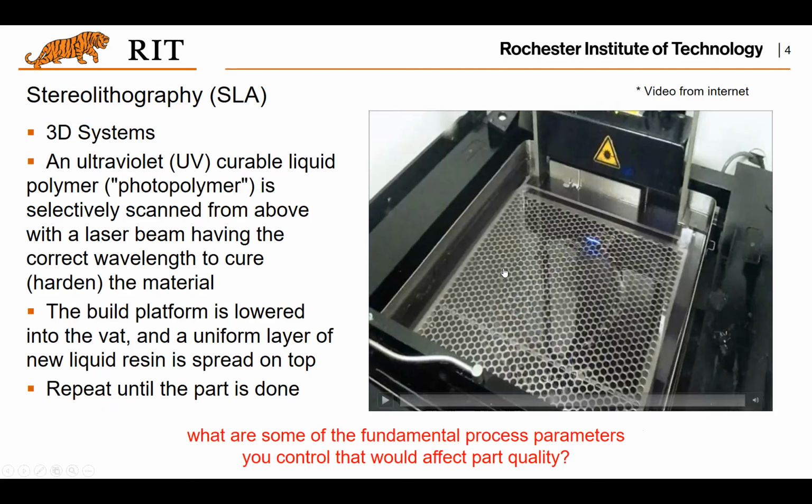So the very first stereolithography process was invented by the founder of 3D Systems. An ultraviolet curable liquid polymer is selectively scanned from above with a laser beam with certain wavelengths to cure the material.